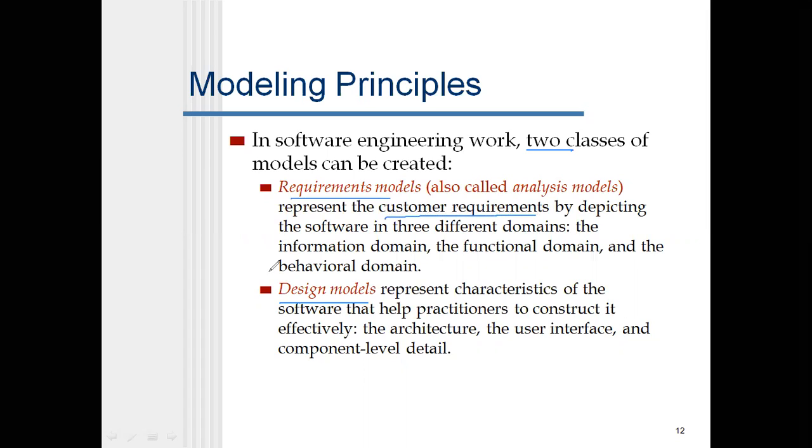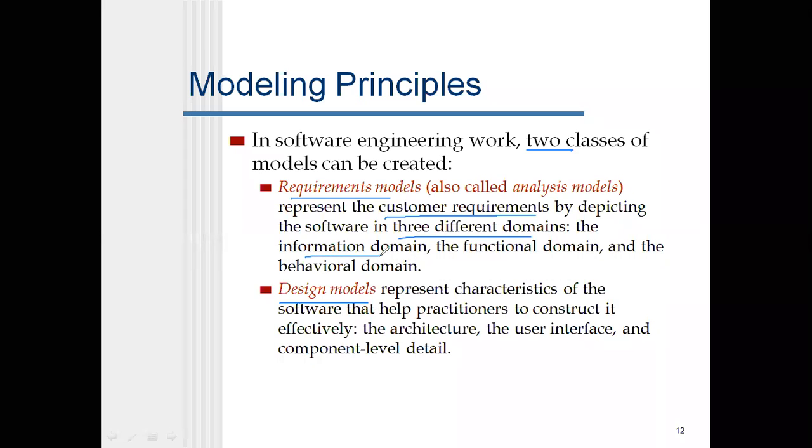It is used to represent the customer requirement by depicting three different domains. These requirements models will be depicted in three domains.